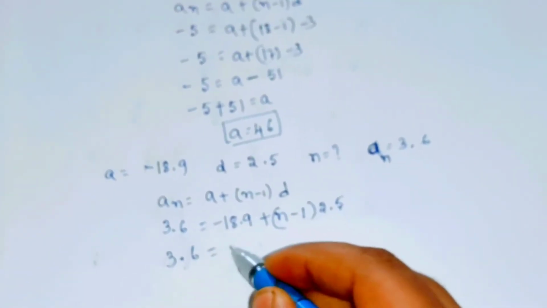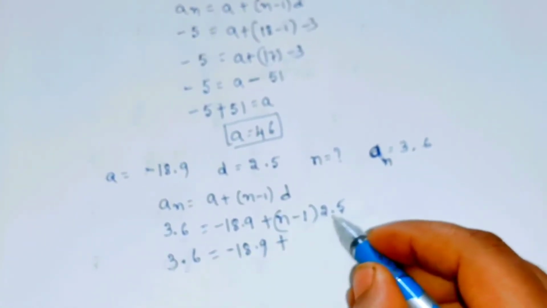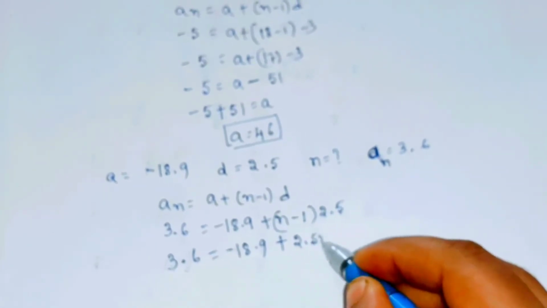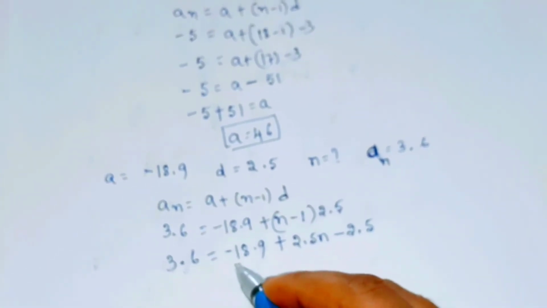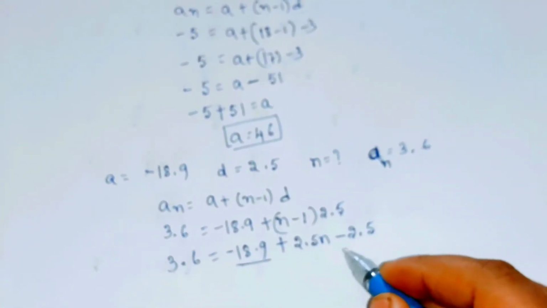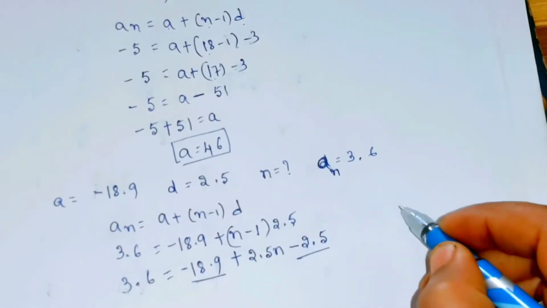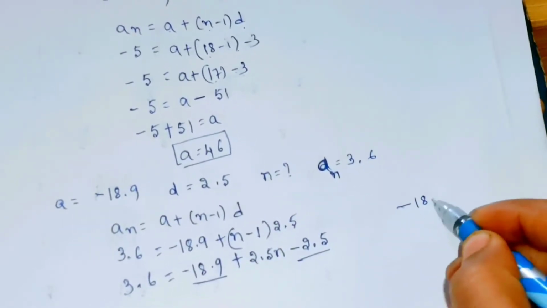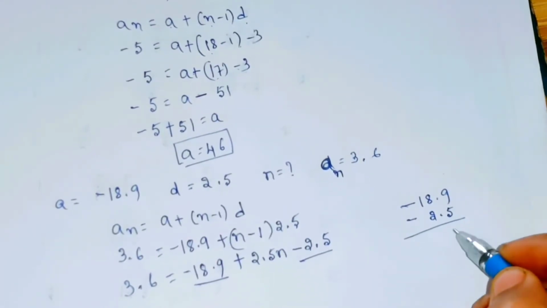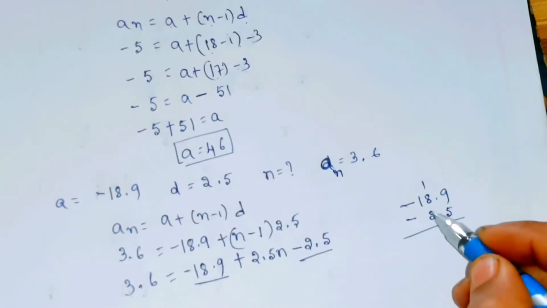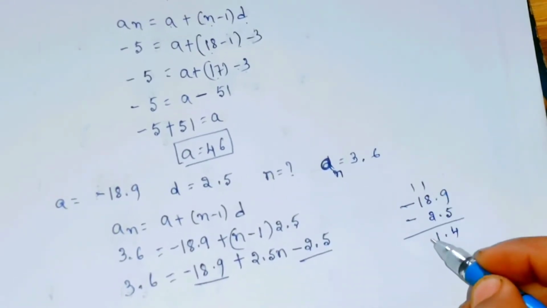3.6 as it is, minus 18.9 as it is, plus 2.5n minus 2.5. Since here minus 18.9 and minus 2.5 both have the same sign, you have to add them. I'll add minus 18.9 minus 2.5. 9 plus 5 is 14, 1 carry. 1 and 9 is 9, 9 plus 2 is 11, 1 carry 2.